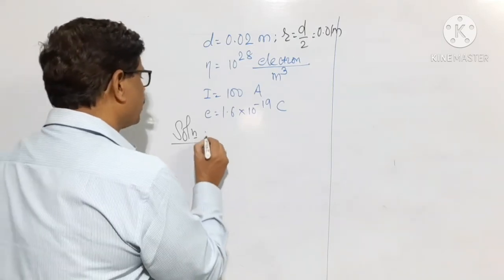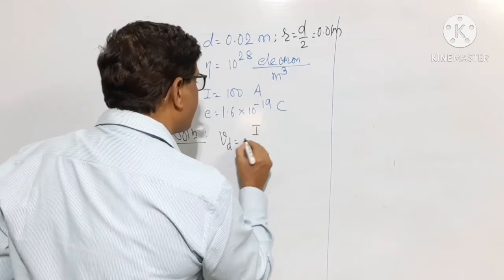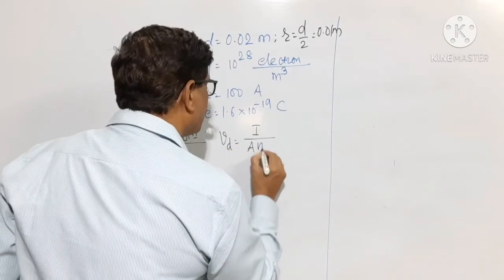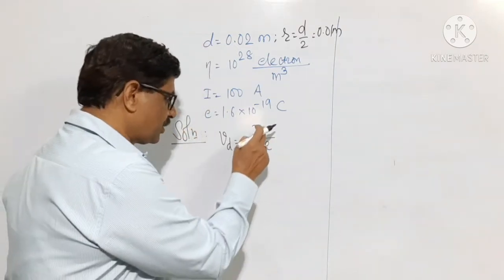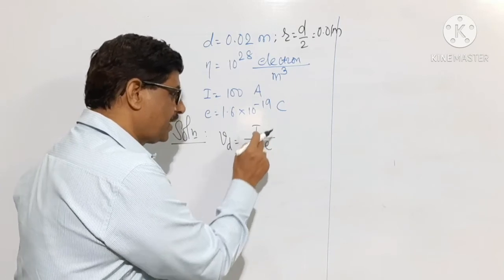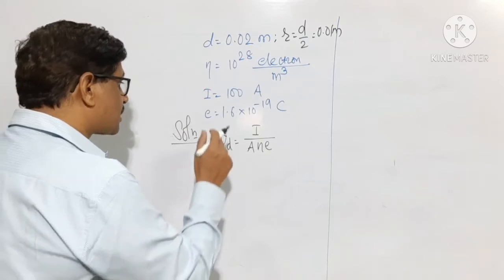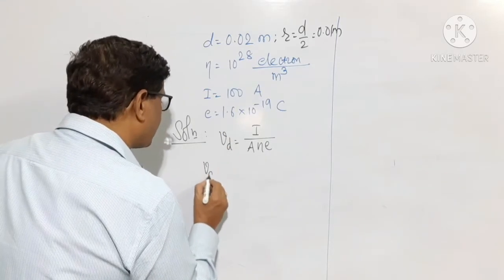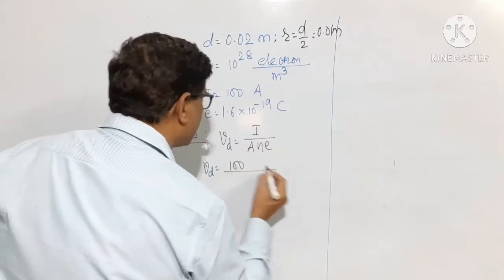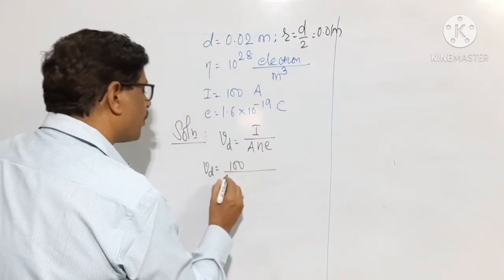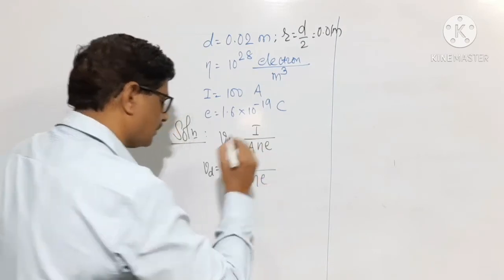Now, we know that the formula for the drift speed is I upon A into N E. You may write it as J upon N E. J is current per unit area. Now, this drift speed Vd is equal to, how much is the current flowing through the conductor? It is equal to 100 ampere. Now, what is the area here? Area is pi r square, N into E.